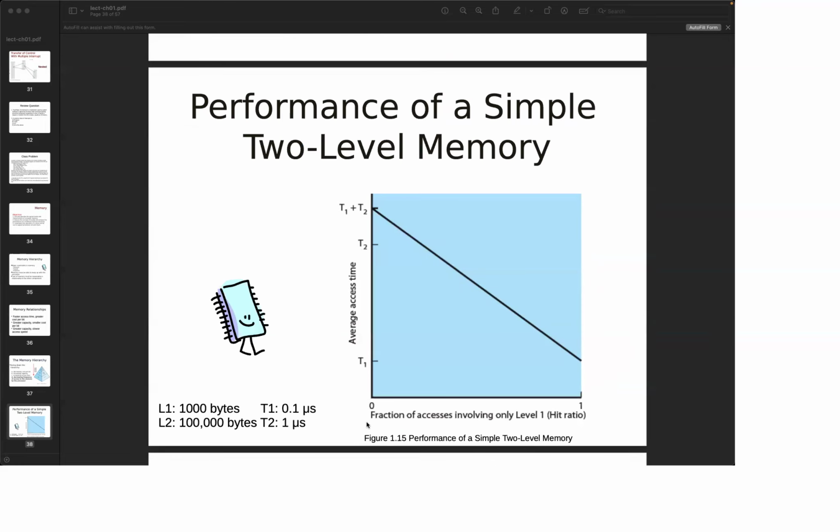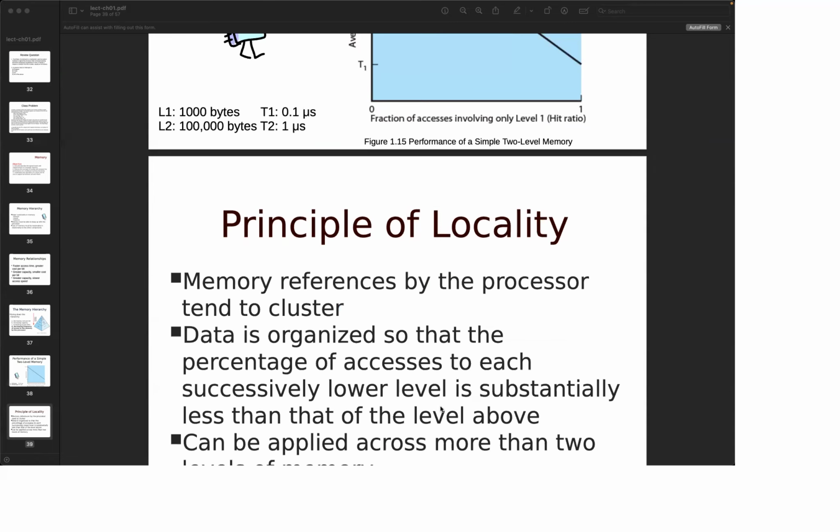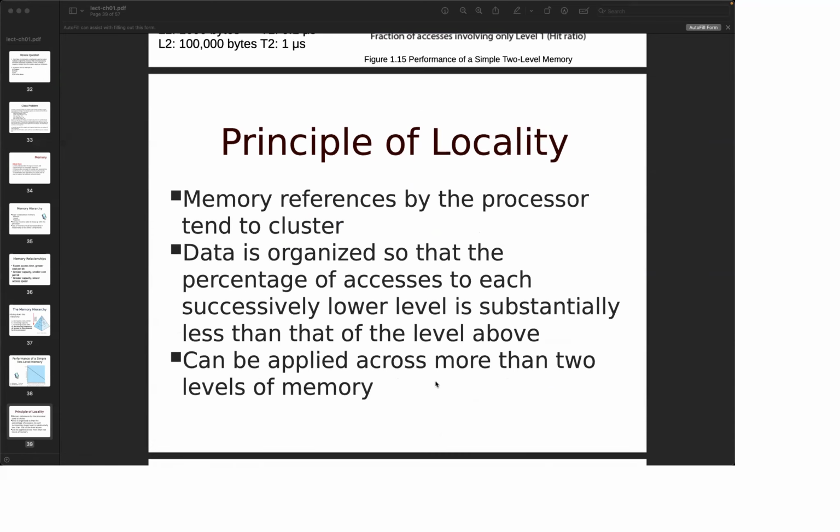For 2-level memory, it's just a portion: when we access level 1, the time will be higher, and then it drops when fewer accesses are involved. But here we changed the hard drive, so it's kind of outdated, but it's in the syllabus.